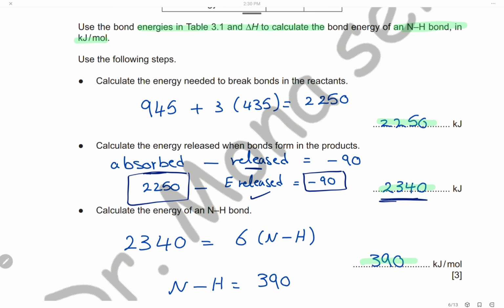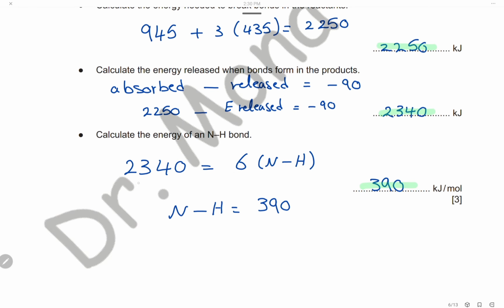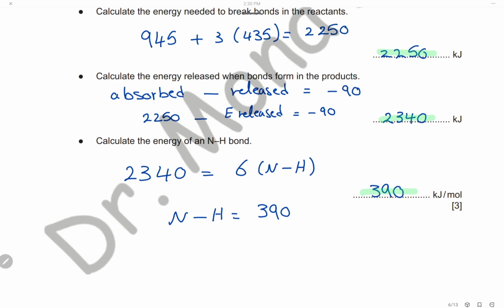This energy released is from the formation of 6 nitrogen-hydrogen bonds. So we will divide 2,340 by 6 to get the value of the bond energy for 1 NH bond, which will be 390 kilojoules per mole.